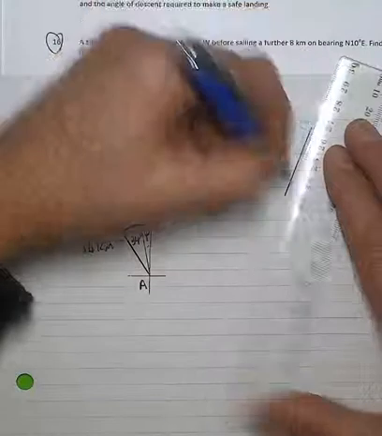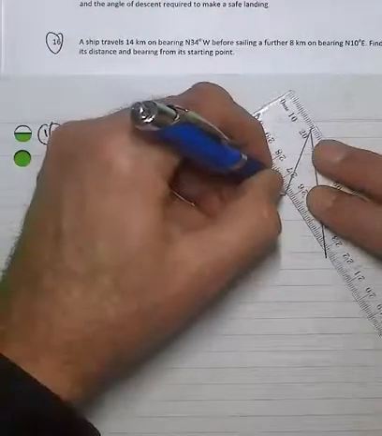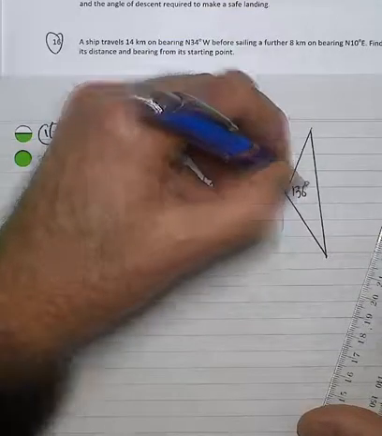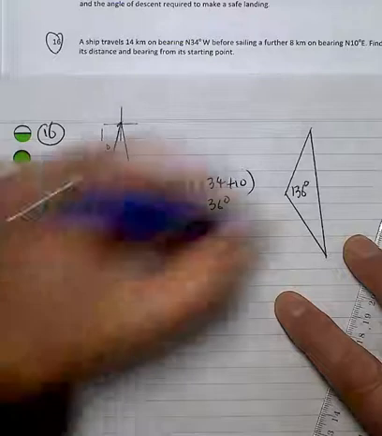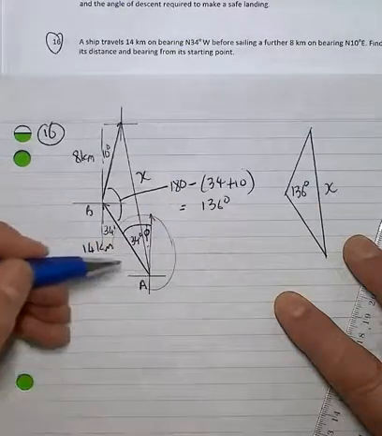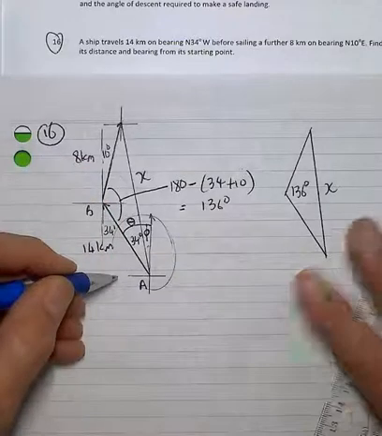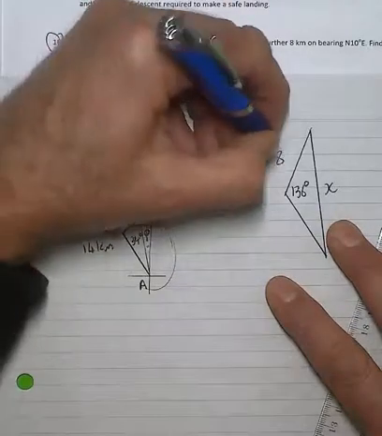Now that's kind of messy as I've drawn it, so I'm just going to strip out that triangle, so I can just concentrate on finding the distance X first. Always think about pulling the diagram out and getting a better handle on where things are at. I'll have to come back to this diagram at the end in order to find this missing angle theta to get my bearing, but I'll work for the moment in this triangle with just the lengths.